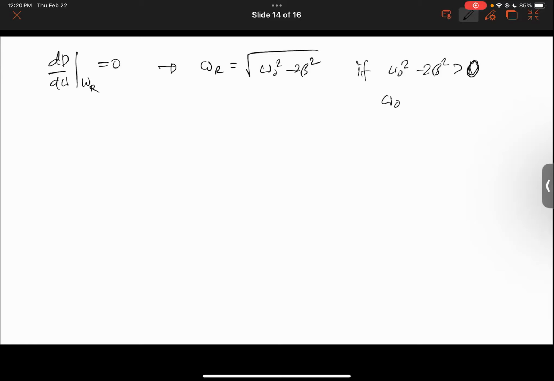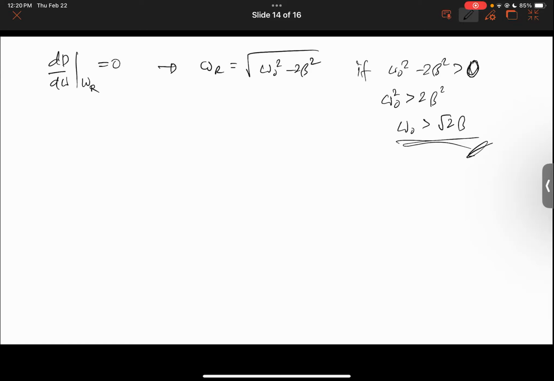So omega naught squared is greater than 2 beta squared, or omega naught is greater than the square root of 2 times beta. This is the minimum condition to have resonance. And if that doesn't happen, then you don't have resonance.